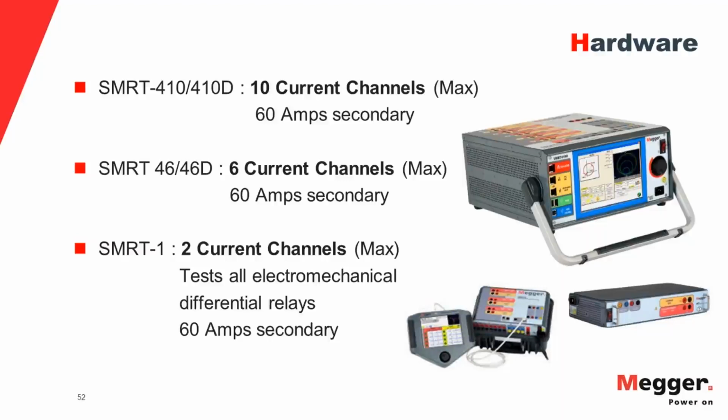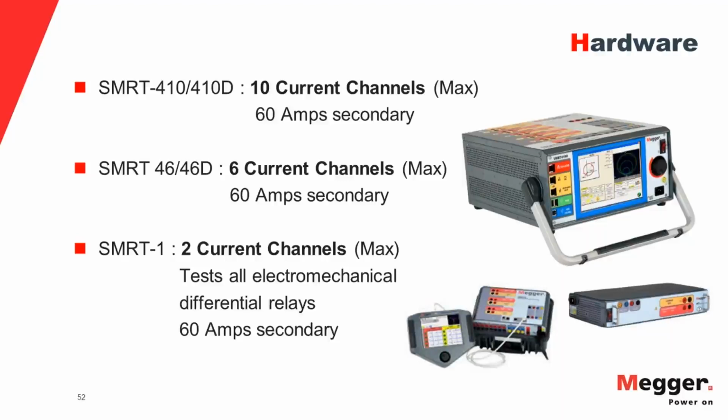On top of that, we have a feature of stacking the harmonics together. What I'm trying to say is that only one current channel is needed to do harmonic restraint with any of these three equipment, because we have a feature where we can stack the second harmonic current on top of the fundamental current in order to test the harmonic restraint feature of the relay.